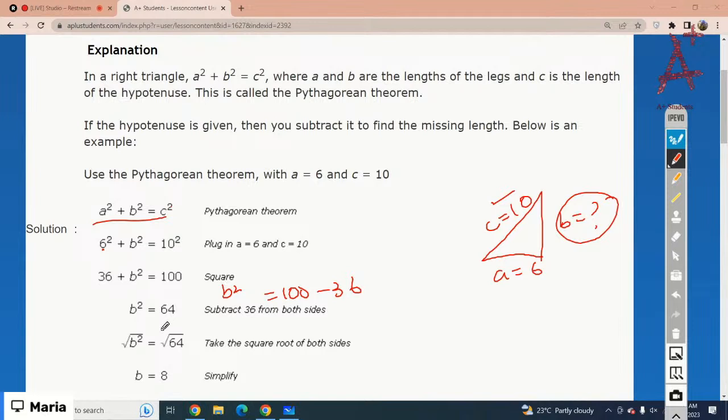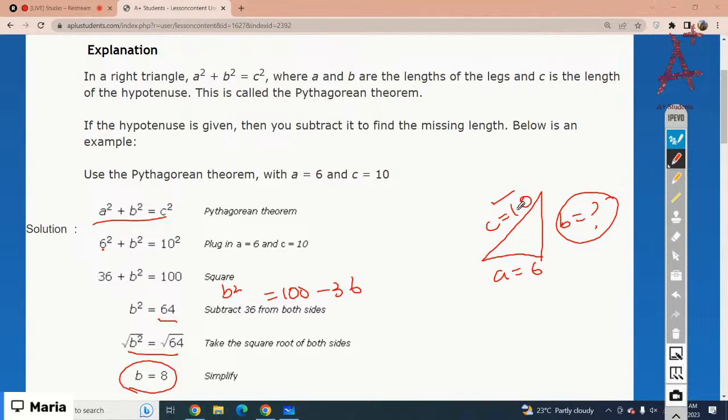We know that 100 minus 36 equals 64. So square root both sides and B equals 8. Basically, the concept is you have to solve the right angle triangle using Pythagorean theorem. You need to find the other side length other than the hypotenuse.